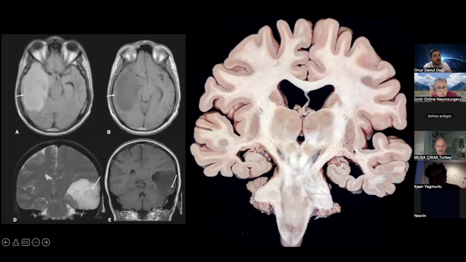So I want to show one other thing here. This is the lentiform nucleus again, the combination of the putamen and globus pallidus, and this is called the lentiform peduncle. It goes up and is related to the amygdala. The gray matter of the amygdala extends up to the lentiform nucleus here.